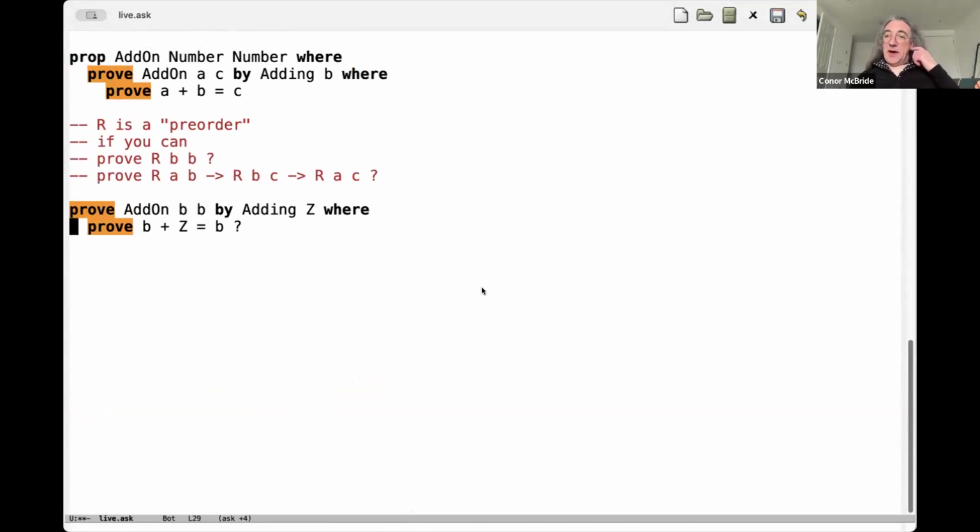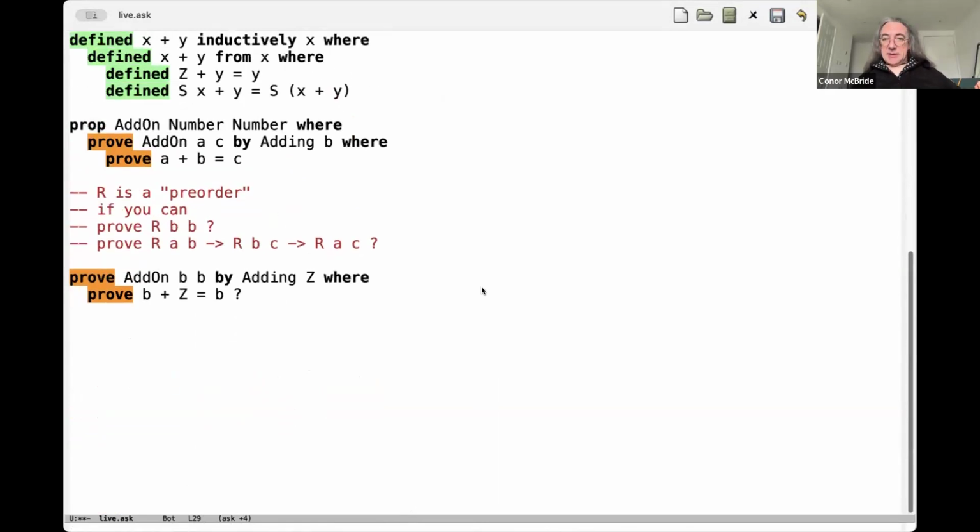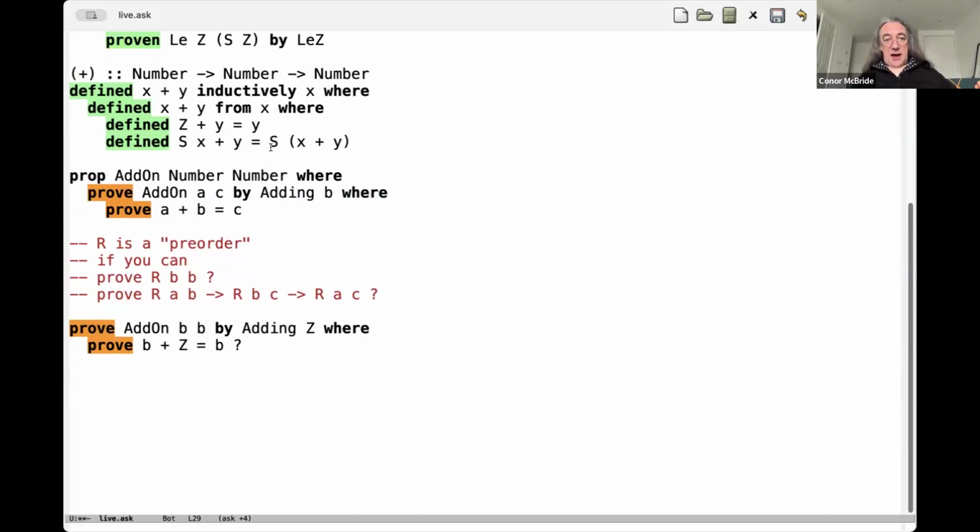Here we go. Funnily enough, the thing we have to make sure of is that B plus 0 is B. And as you can see, I haven't actually dropped in the proofs that addition behaves like a monoid with neutral element 0.